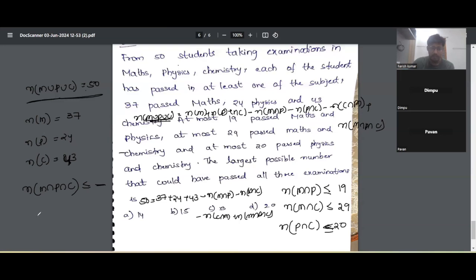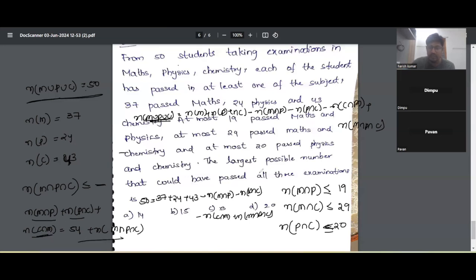So what will happen if I take them to this side? This becomes n of M intersection P plus n of P intersection C plus n of C intersection M is equal to 104 minus 50, which is 54, plus n of M intersection P intersection C. Now we know that this is less than or equal to 19, this is less than or equal to 29, and this is less than or equal to 20.